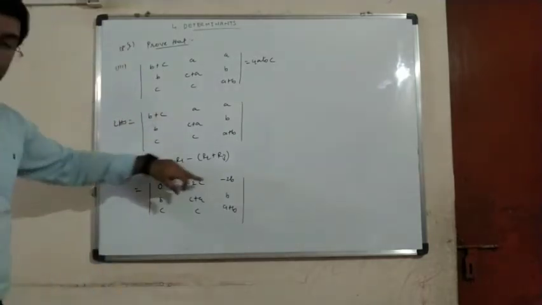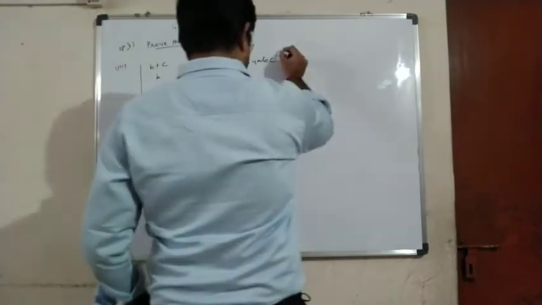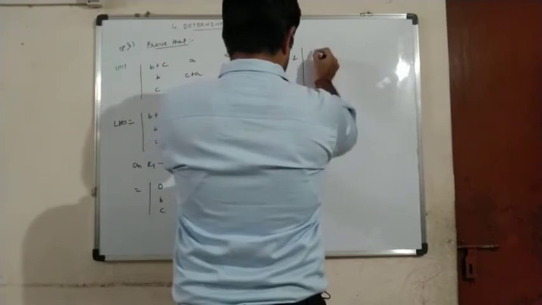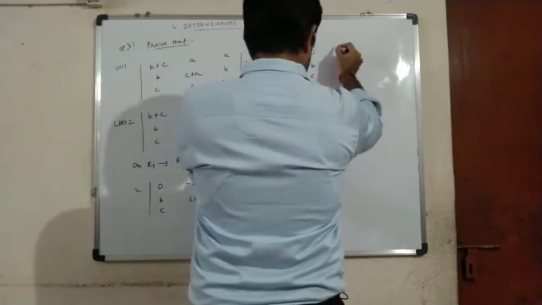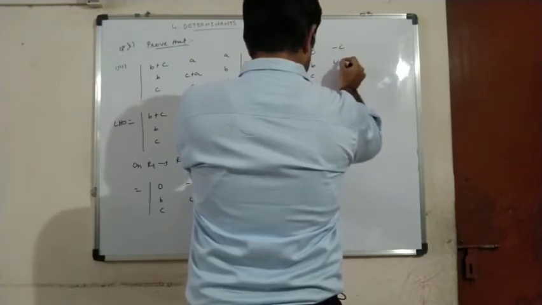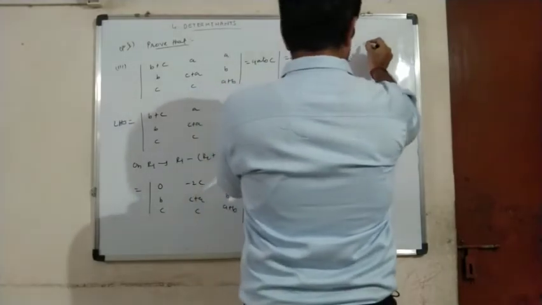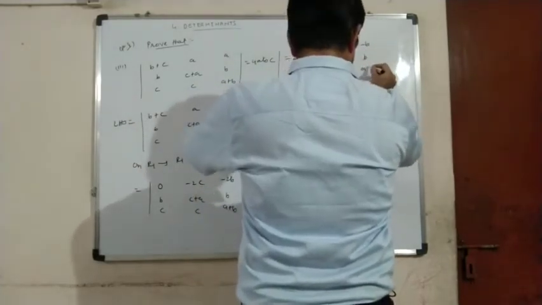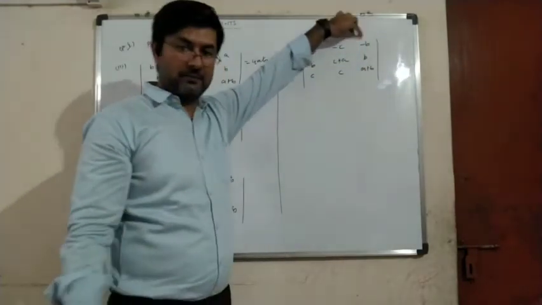Okay, now let us take 2 common. In the first row we can see that 2 is common, so we will take 2 common. Okay, so we have 0, b c minus c, c plus a, c, and minus b, b and a plus b. Okay, now we got the two terms minus c, minus b.